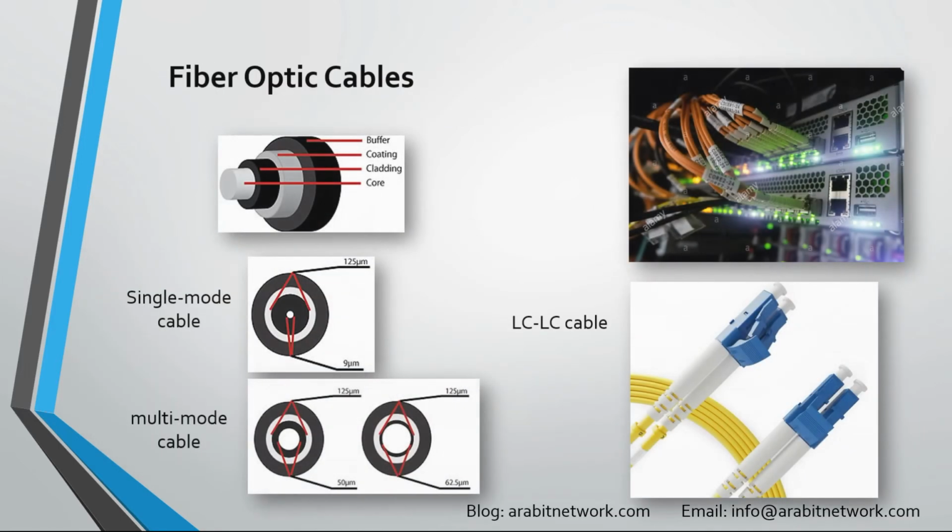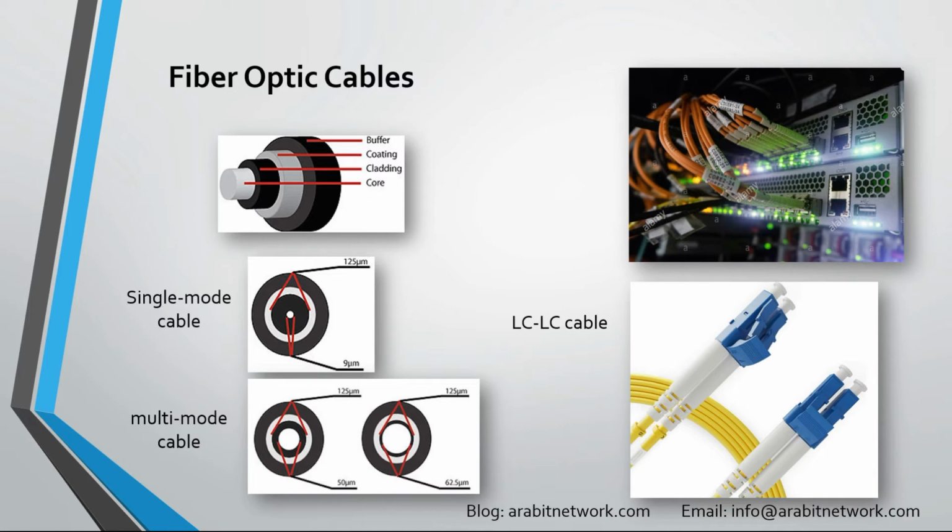Great. So let's have a look at the different types of fiber optic cables. There are two main types: the single mode cable and the multi-mode cable. We could transmit storage traffic over both types of cable. A single mode cable could transmit the data over very long distances, actually across cities maybe.